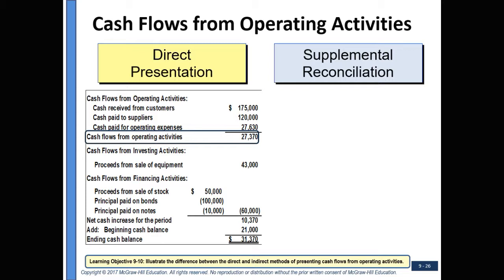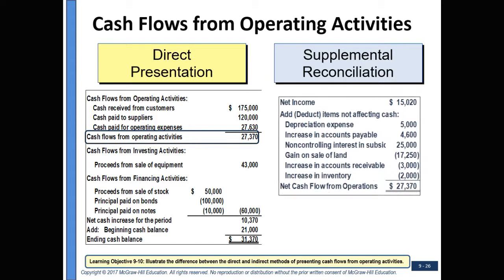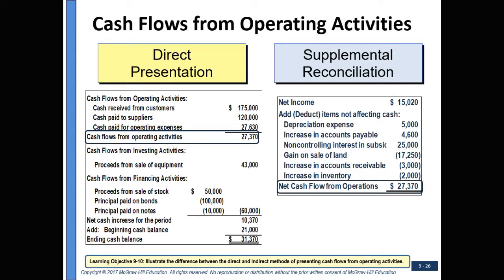A supplemental reconciliation, or an indirect method, begins with net income and then adjusts that net income for those non-cash items like depreciation, the changes in our accounts payable, gains on the sale of land, the increase in accounts receivable, increases in inventory, to ascertain the same amount of cash flow from operations.